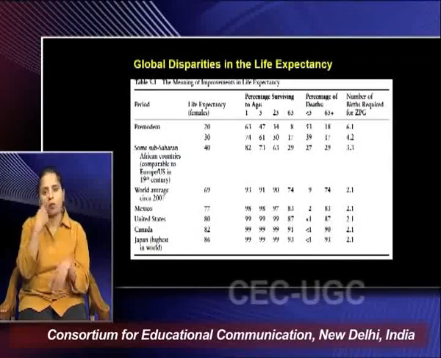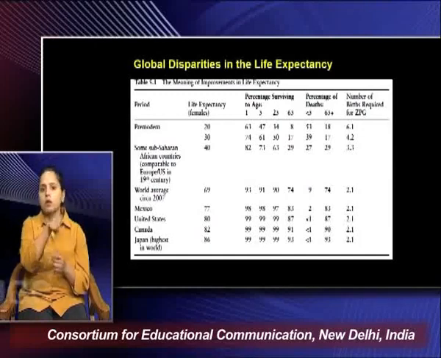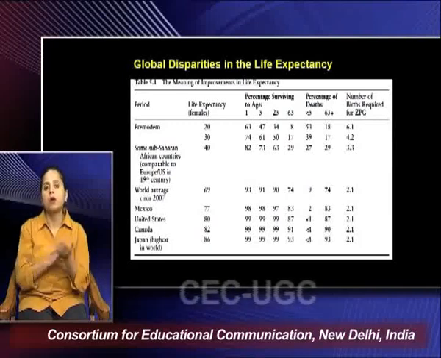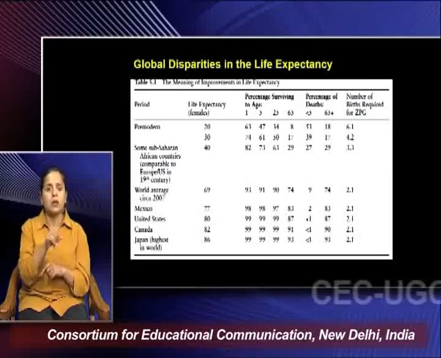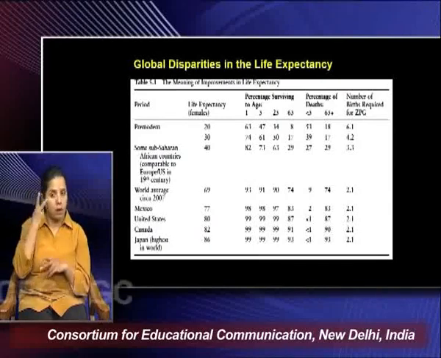And by the age of 5, half of them would not survive. Only 30% would survive to see their 25th birthday, and only 8% would see their 65th birthday. So that was the kind of risk of death which existed in pre-modern times.